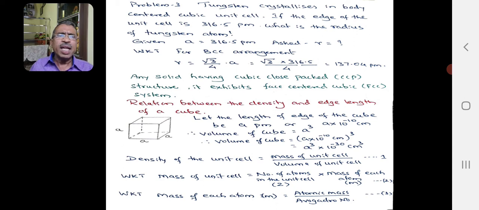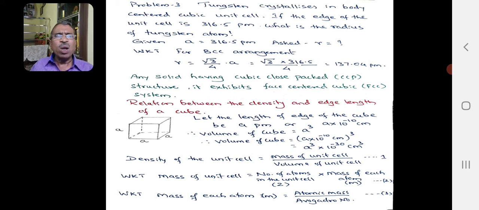Now coming to the density of the unit cell. What is density? It is mass upon volume. Therefore, it is mass of unit cell divided by volume of unit cell. Let us consider this as equation number 1. We know that the mass of unit cell is equal to the number of atoms in the unit cell, that is Z, into mass of each atom, that is small m.